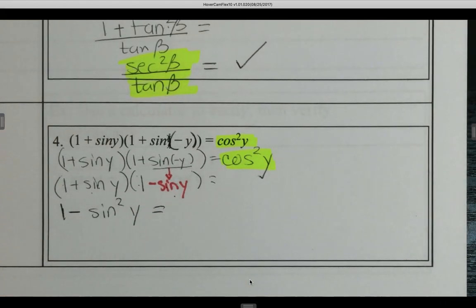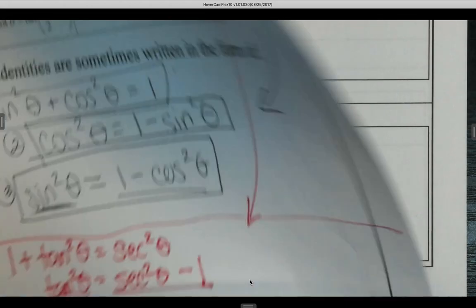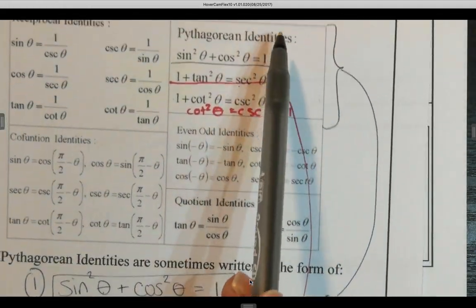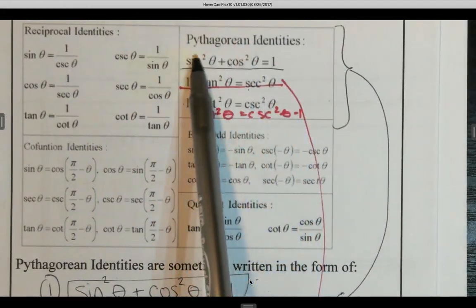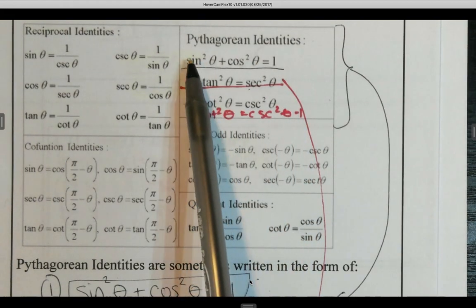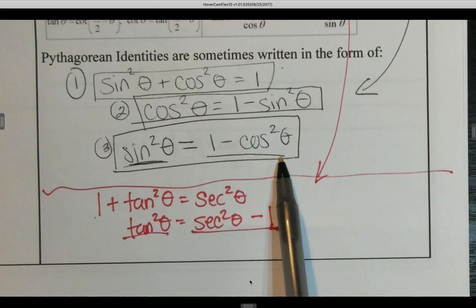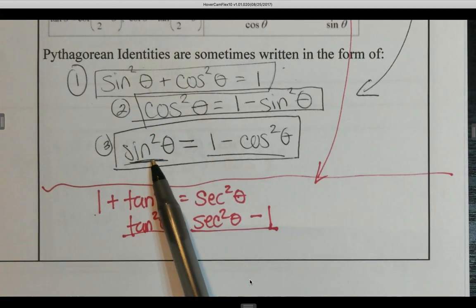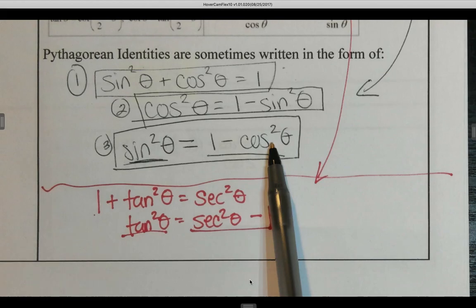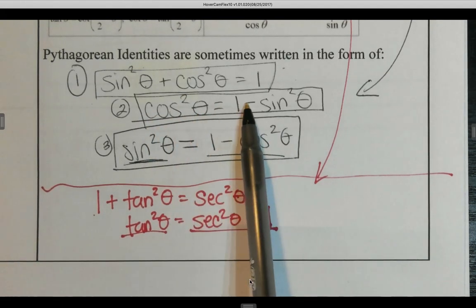Okay, and now that I've simplified, I can say, well, let me go back to my trig identities. I see a squared term, sine squared, so I'm going to go back and say, which of these Pythagorean identities involves sine squared? We know that one, it's sine squared plus cos squared. But if I go down to where we rewrote these, I can see that sine squared equals 1 minus cos squared, or cosine squared equals 1 minus sine squared.